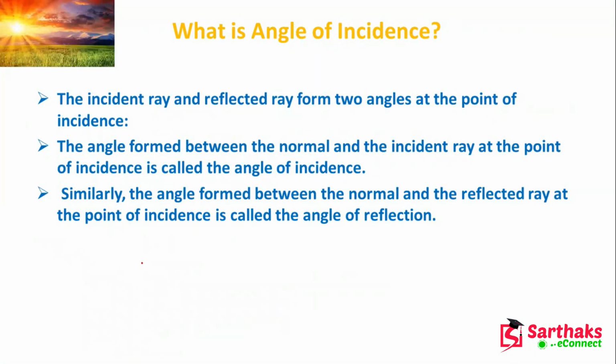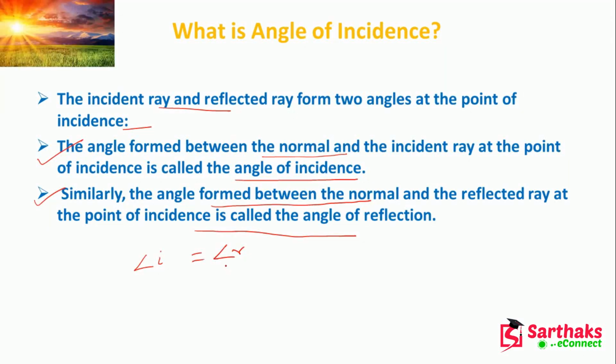The incident ray and reflected ray form two angles at the point of incidence. The angle formed between the normal and the incident ray is called the angle of incidence, and the angle formed between the normal and the reflected ray is called the angle of reflection. Already we have studied this, just for the brush up. The angle of incidence we symbolize with I, and that equals R.